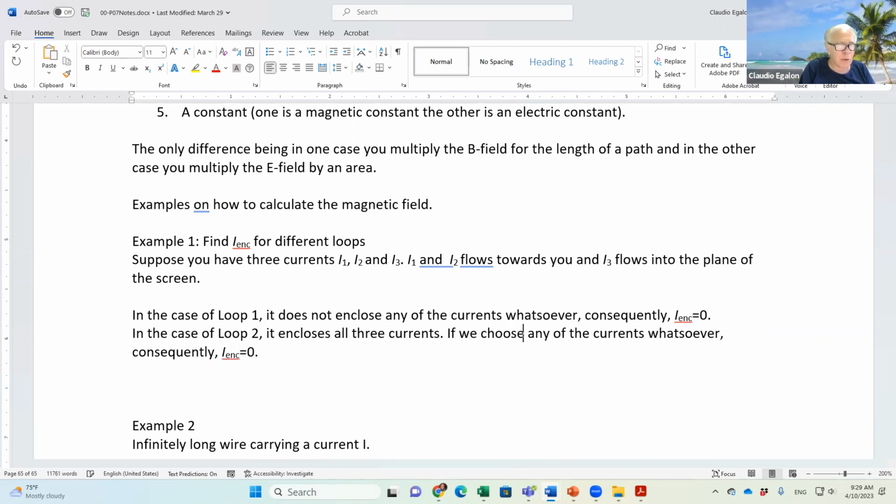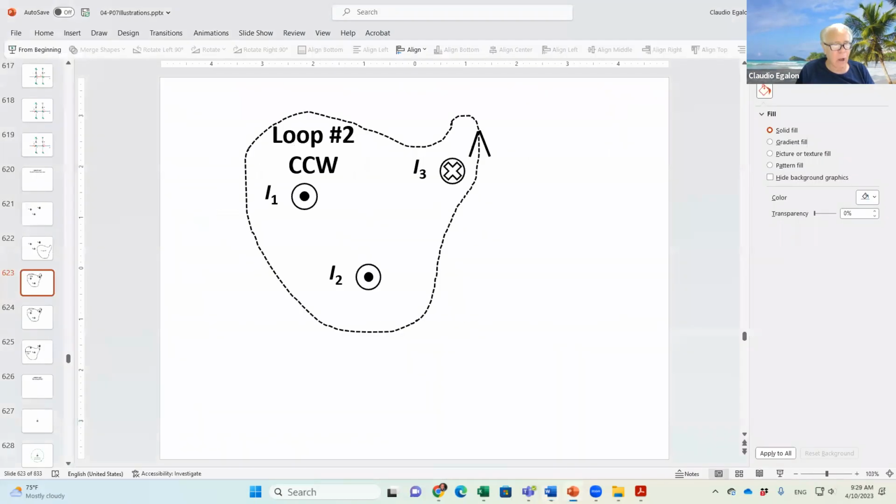My right hand rotates in the counterclockwise direction, and my thumb points in the direction of the currents I1 and I2.